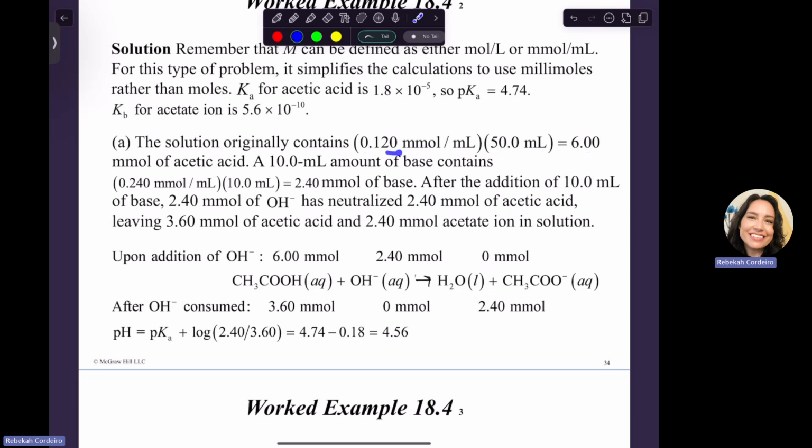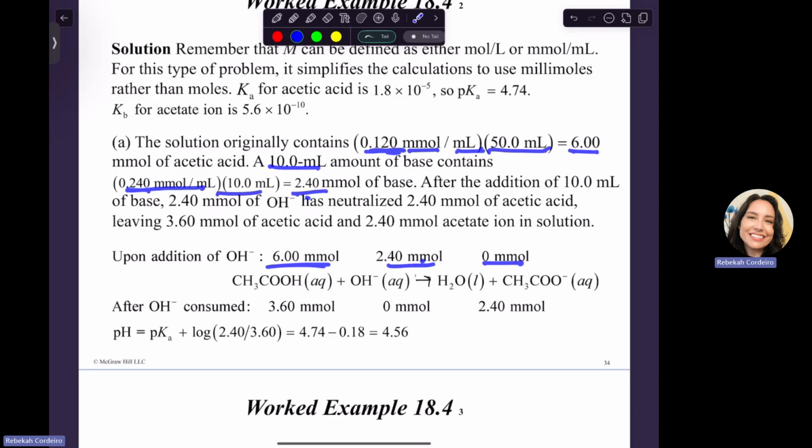So molarity is 0.12, which is the same thing as millimoles per milliliter, just adding the milli to both sides. Times milliliters is 6. So we start with 6 millimoles of our acetic acid. If we add 10 milliliters, that's 10 milliliters times the molarity of the base, which was 0.24. That's 2.4 millimoles of base, which means we do have enough acid to neutralize this base.